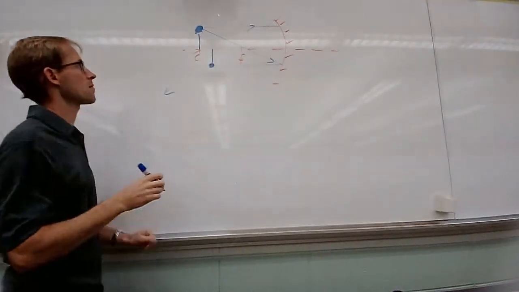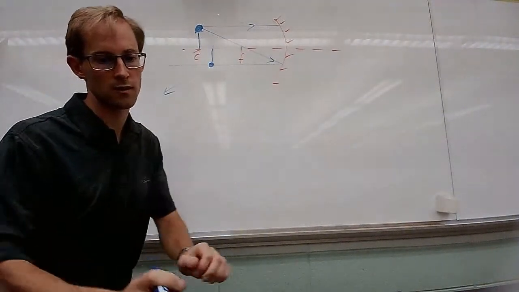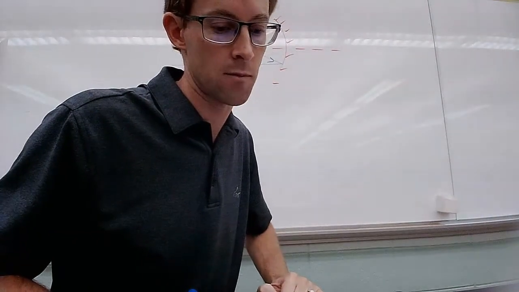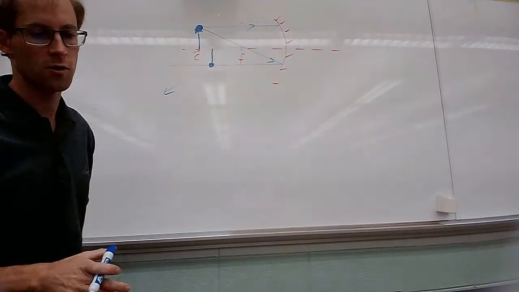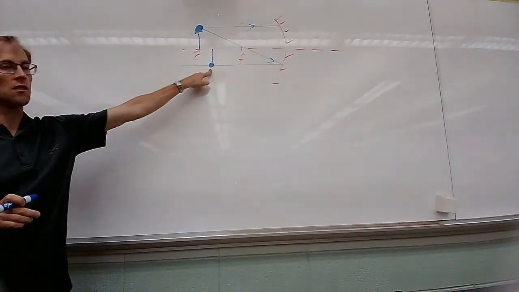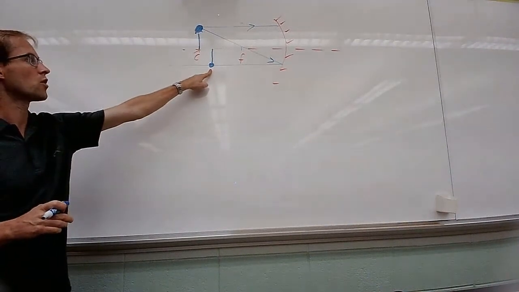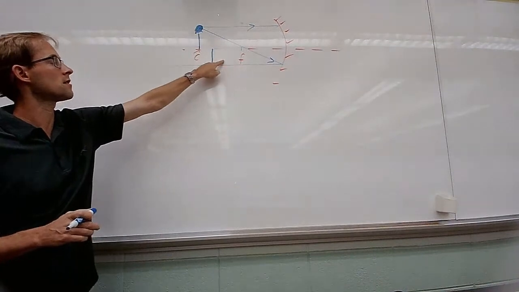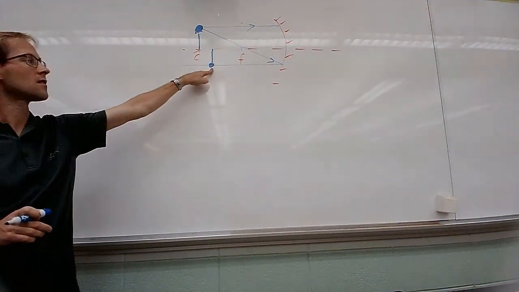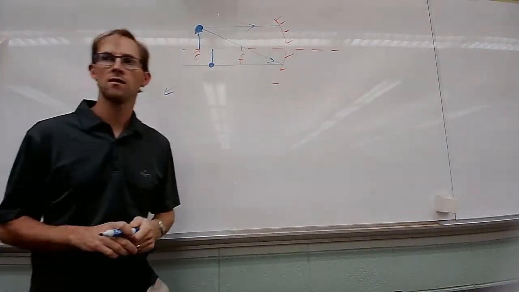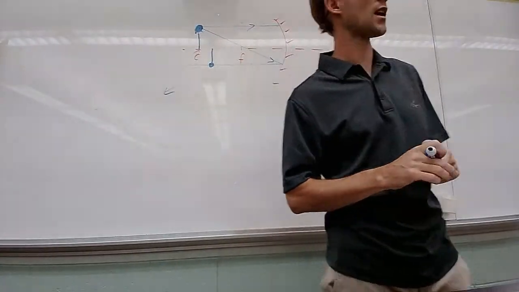When I drew it on my sheet, it ended up being right below the actual object. So it should be somewhere in that area for you. So it would be inverted. It would be real, because it's a reunion of these real light rays, and it's upside down. And it is about the same size as the original one, maybe a bit bigger or smaller, depending on how you drew it.